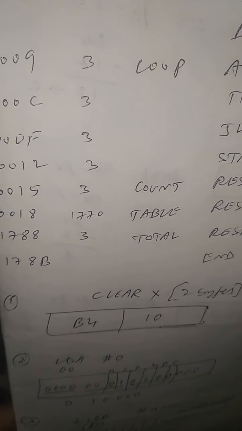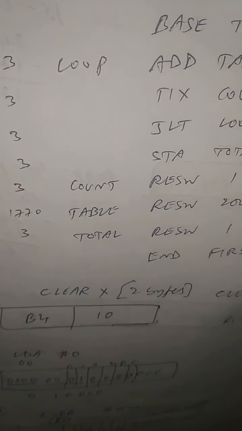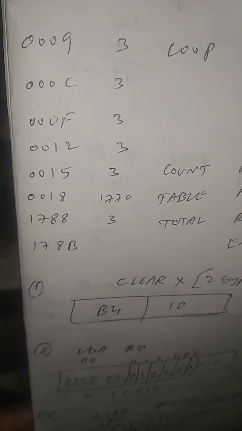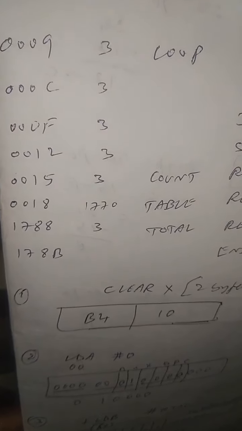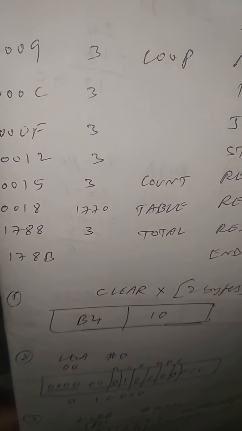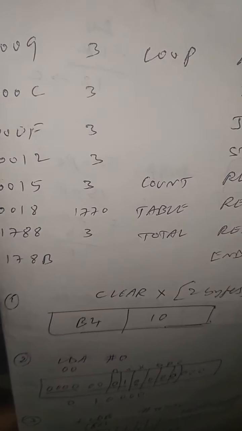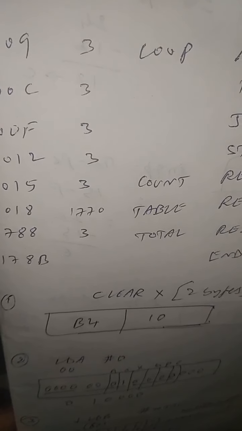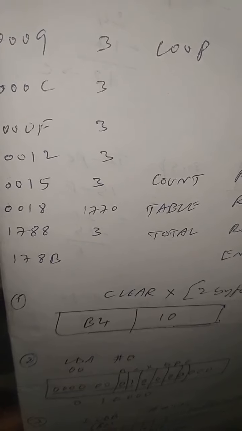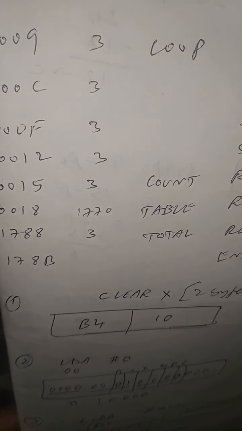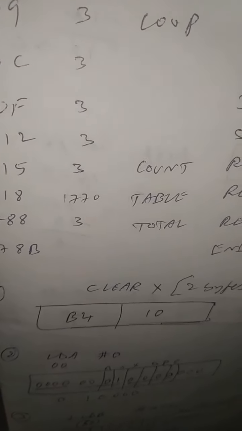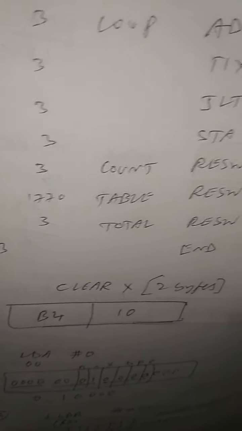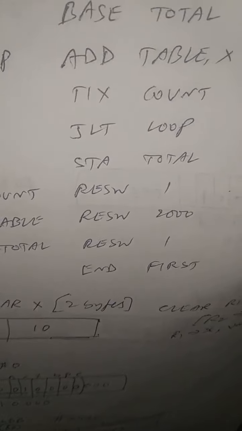Then comes TOTAL RESW 1, a 3 byte instruction, so 1788, 1789, 178A are taken by it, and 178B is the END FIRST statement.